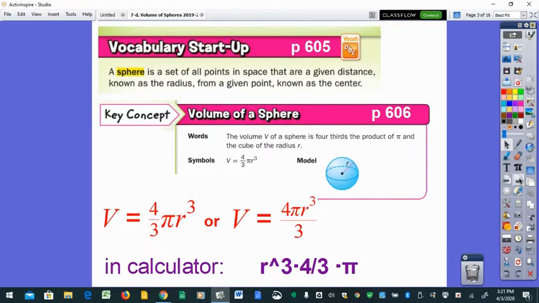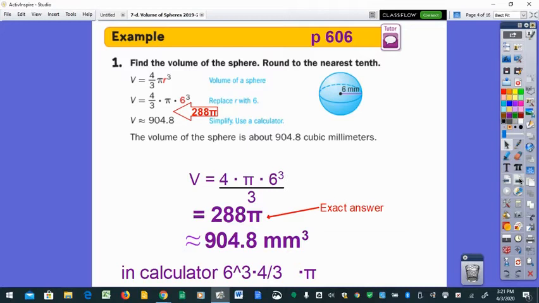So let's do some examples. If you had your book, you see this one, but I've done it out for you. Notice that it is a sphere and its radius is 6 millimeters. So it's 4/3 pi, and the radius will leave and the 6 will substitute in.